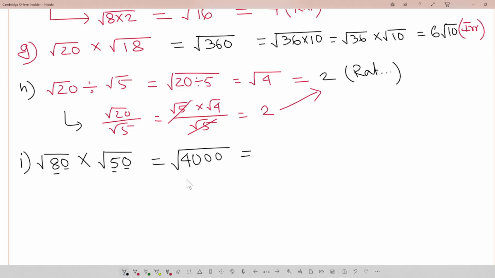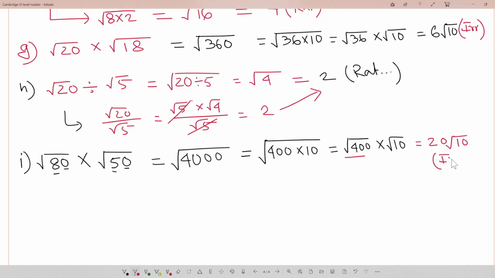This 4000, if we want to separate it, what can we do? 400 times 10 is 4000, and here is the square root. Root 400 times root 10 we can write. Then root 400 means 20, and here is root 10. So this is an irrational number. Okay, so 1i is done.